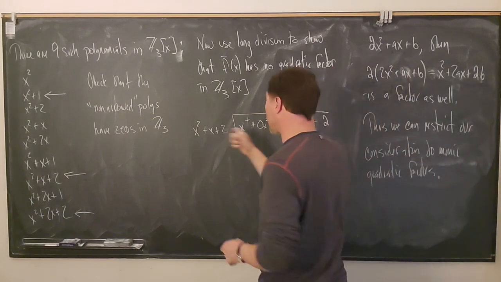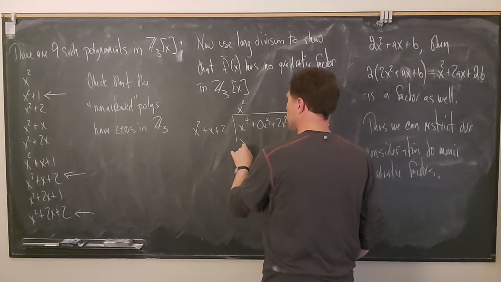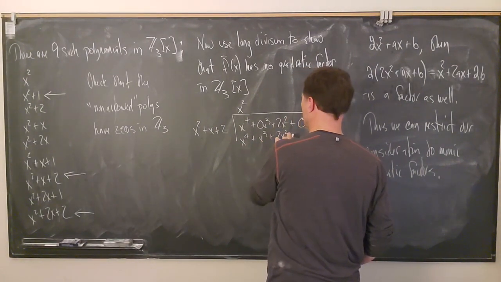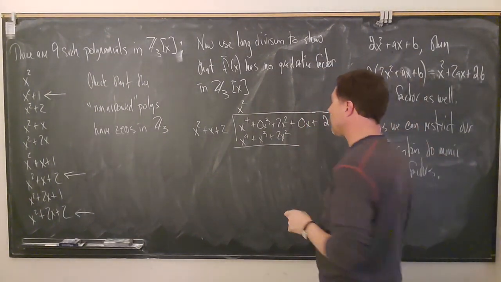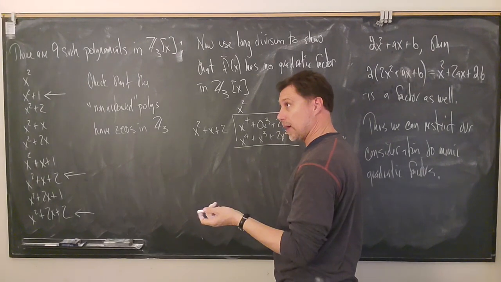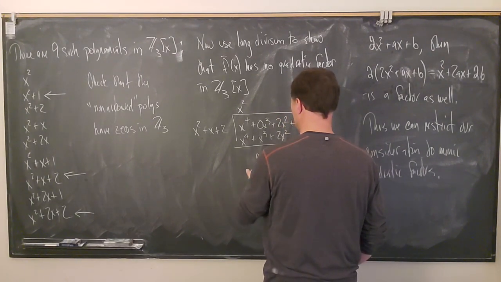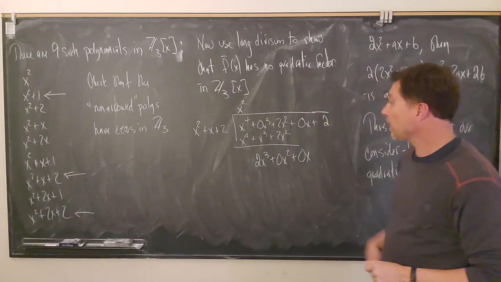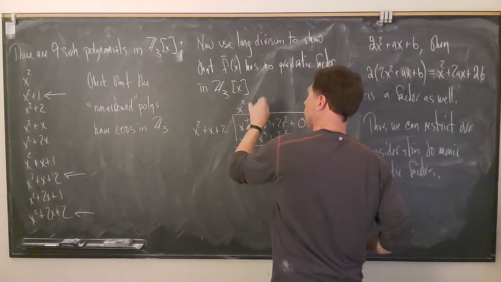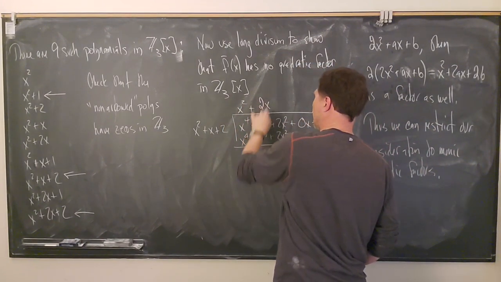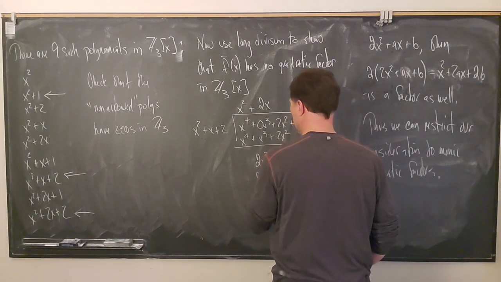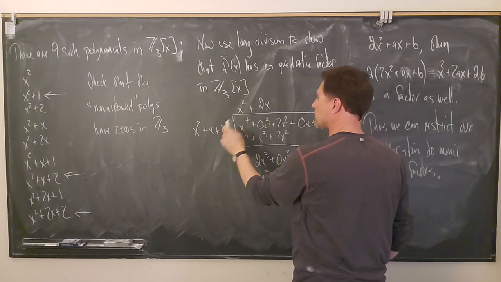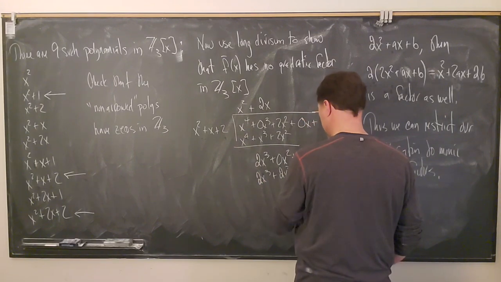Okay, so x squared goes into x to the 4th, x squared times. So we get an x to the 4th plus x cubed plus 2x squared. Subtract, that will give us negative x cubed. Minus 1 is the same as positive 2, so this will be a 2x cubed plus 0x squared plus 0x. x squared goes into 2x cubed, 2x times. So this will be a 2x cubed plus 2x squared plus 4x, which is x.